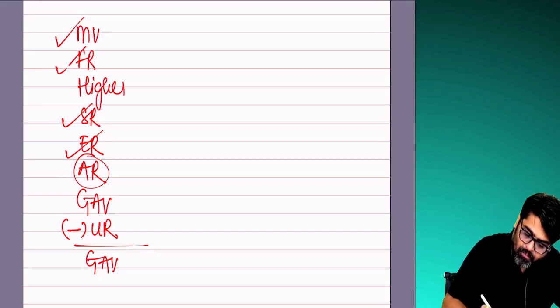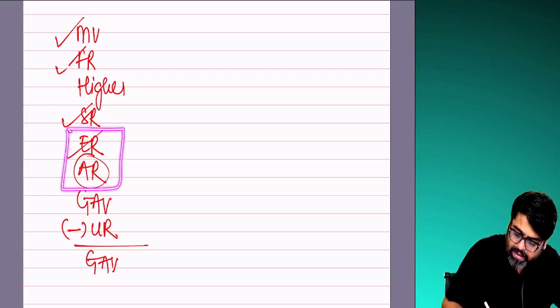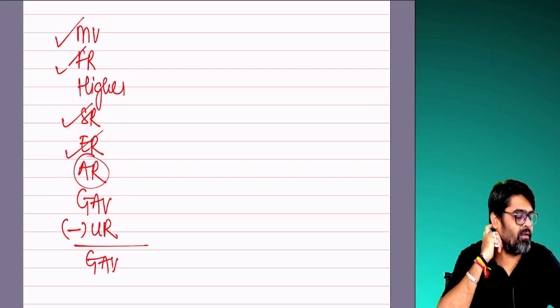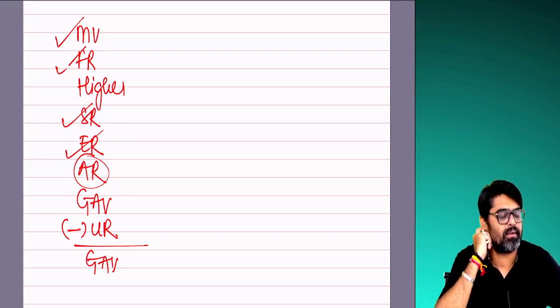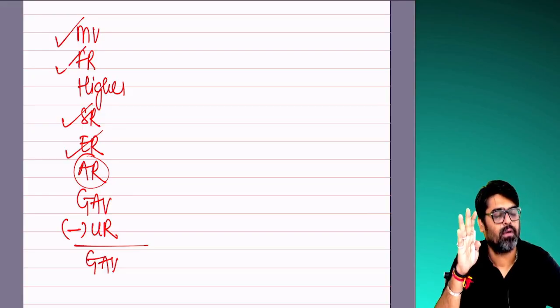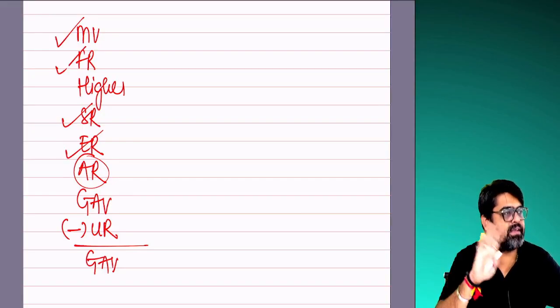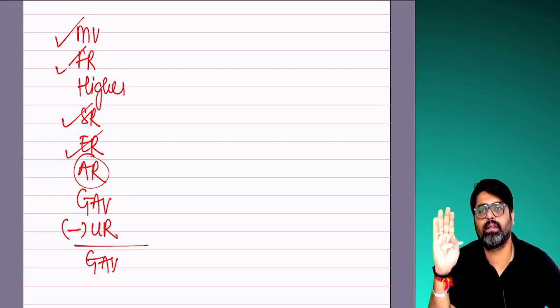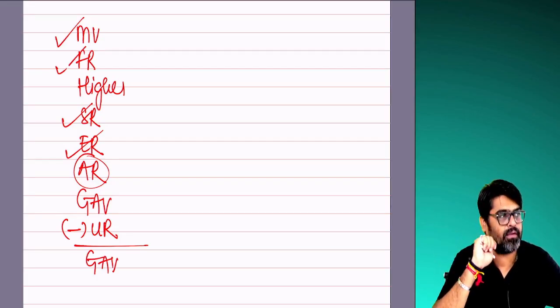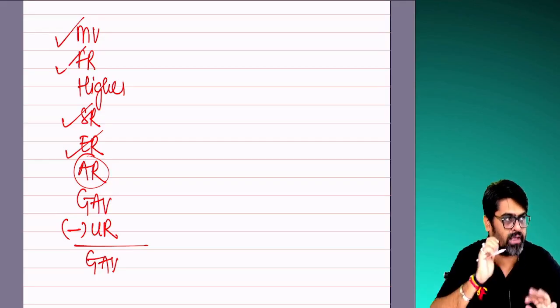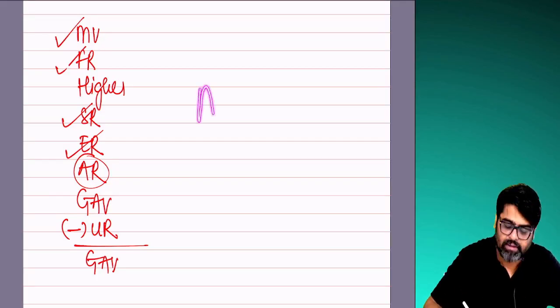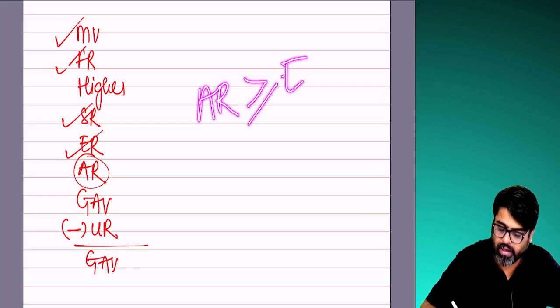Directly we will compare expected rent and actual rent. Whichever is higher, that will become my GAV. But what if there is vacancy? I will have to check: vacancy is there, still my actual rent is greater than or equal to expected rent.